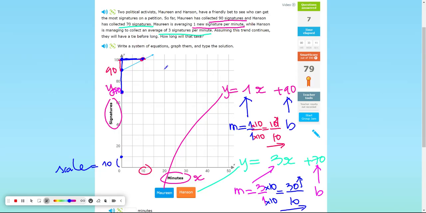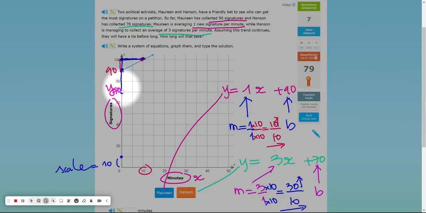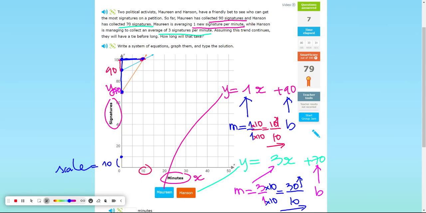Go get my little tool. I can do a fancy tool over here. Start at 70. Ooh, I didn't switch, that's why. Okay, let's go back over here. Switch to Hansen. Okay, start at 70. Up 30, right 10. So what does it mean? It means that both Maureen and Hansen, after 10 minutes, they both collected the same number of signatures, which is 100.